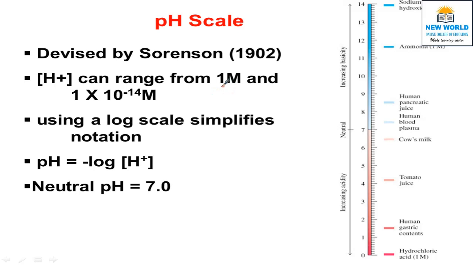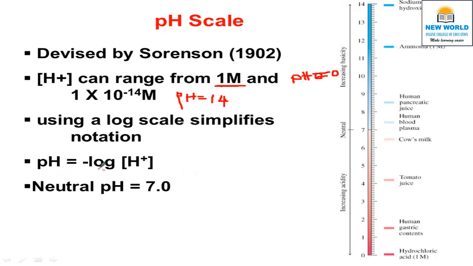If you have 1 molar hydrogen ion concentration, the pH will be zero. Why? Because pH is just another way of showing the concentration of hydrogen ion. If the concentration is 1 times 10 to the power of minus 14, then your pH is going to be 14.